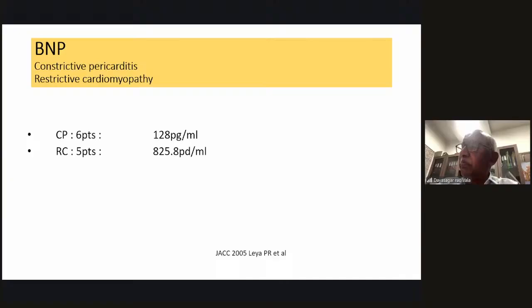One of the things you need to remember is that in constriction the venous pressure is high not because of increased stretch and diastolic dysfunction of the ventricle, because thickened pericardium restricts the expansion. So the wall stress on the myocardium is not increased in constriction. That's why the BNP levels are not elevated. Can I have the next slide?